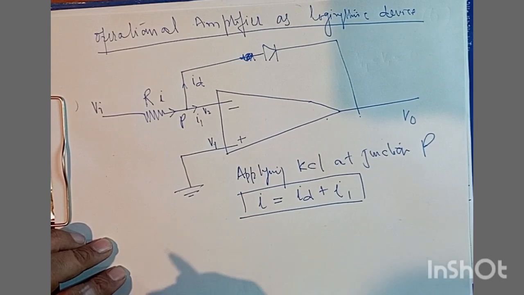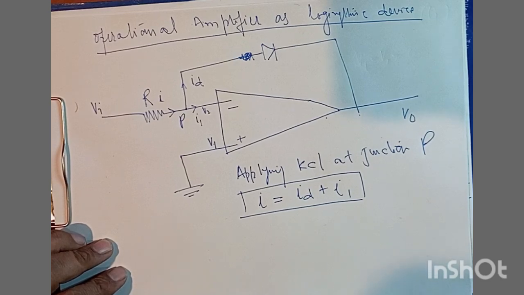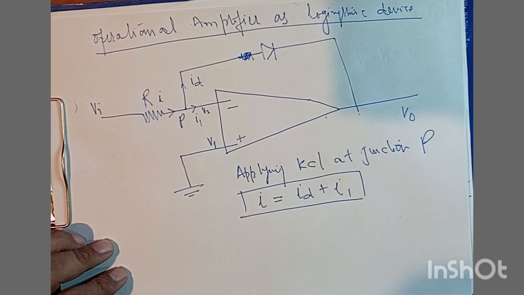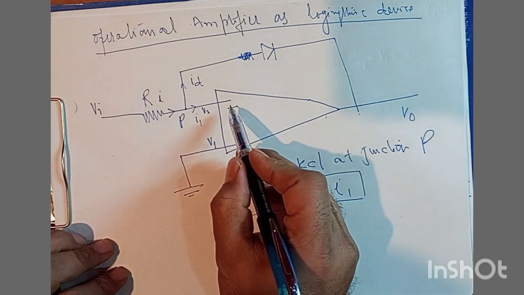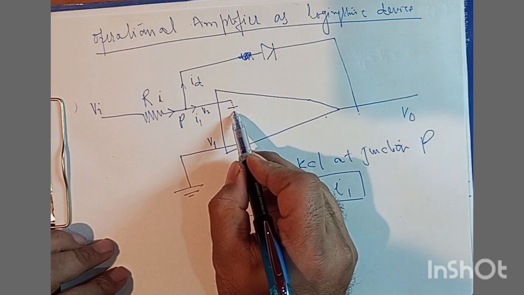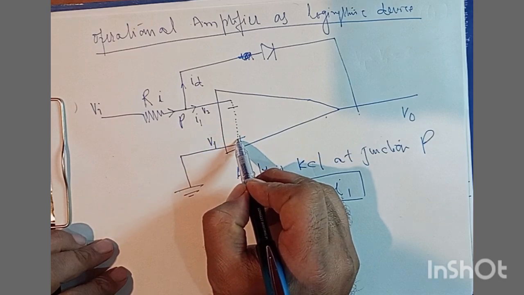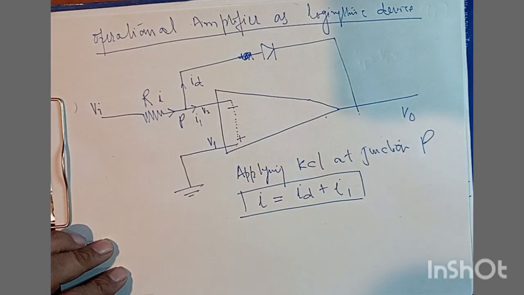So in a similar fashion as we have talked about in the previous videos, the input impedance of an operational amplifier is extremely large. So if its input impedance is extremely large, then the current that can flow between these two terminals should be zero.